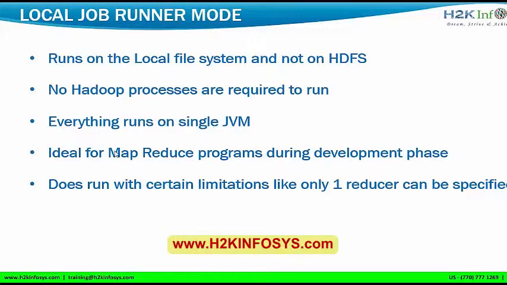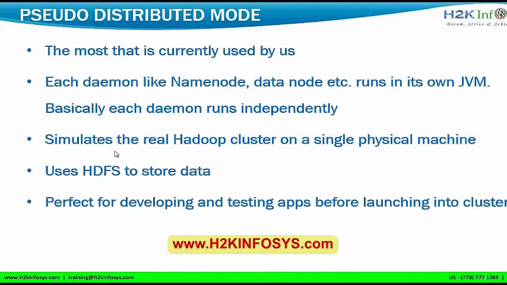It does run with certain limitations, like only one reducer can be specified. Don't worry about this. I will let you know what a reducer is and what its function is, how many reducers we can use, and the reason for having multiple reducers and all those things. But as of now, remember, in local job runner mode, we will be able to use only one reducer in our MapReduce programs.